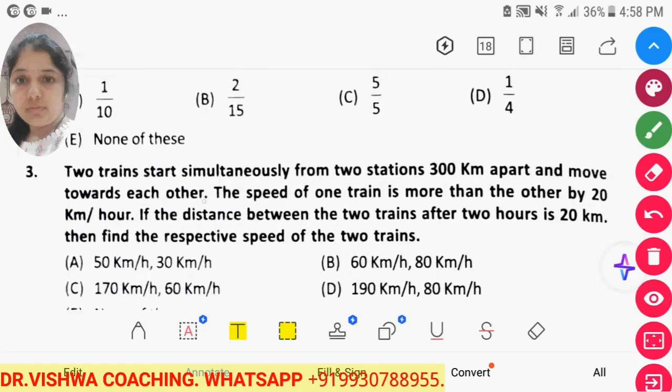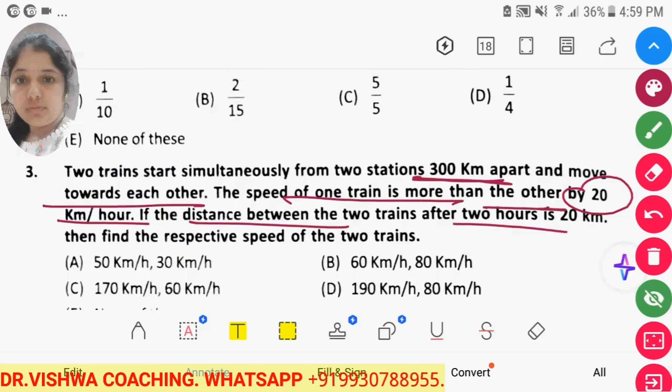Now, two trains start simultaneously from two stations which are 300 km apart from each other. Okay, the trains are moving towards each other. Speed of one train is more than the other by 20 km per hour. If the distance between the two trains after 2 hours is 20 km, find the respective speed of the two trains.